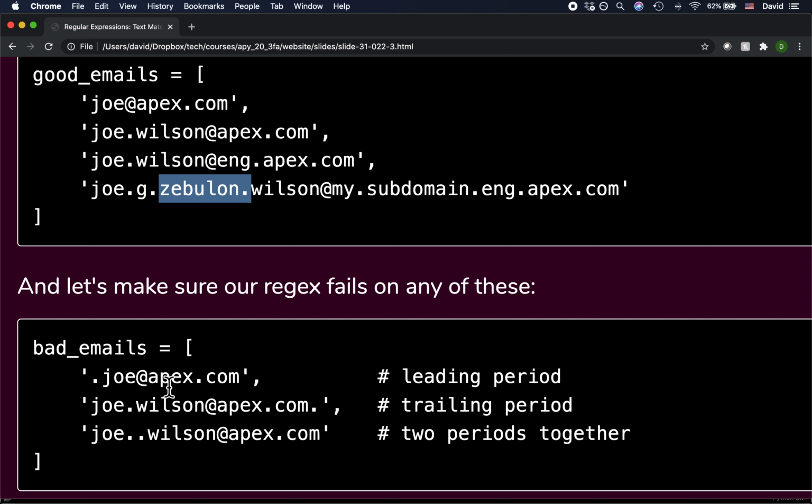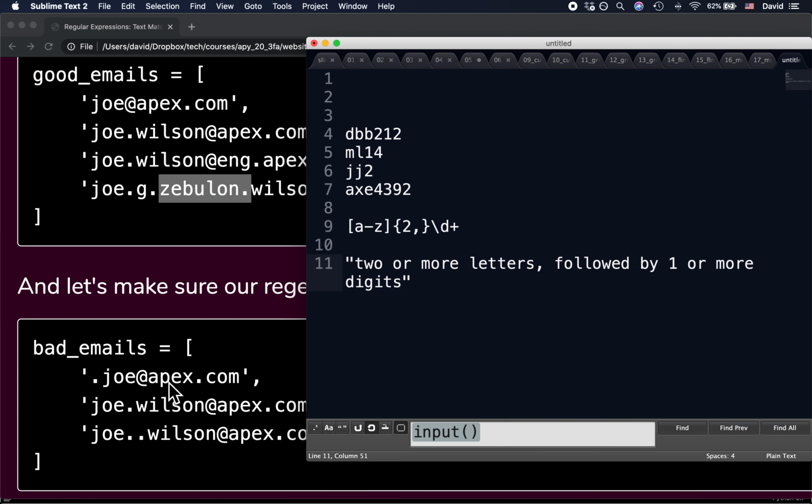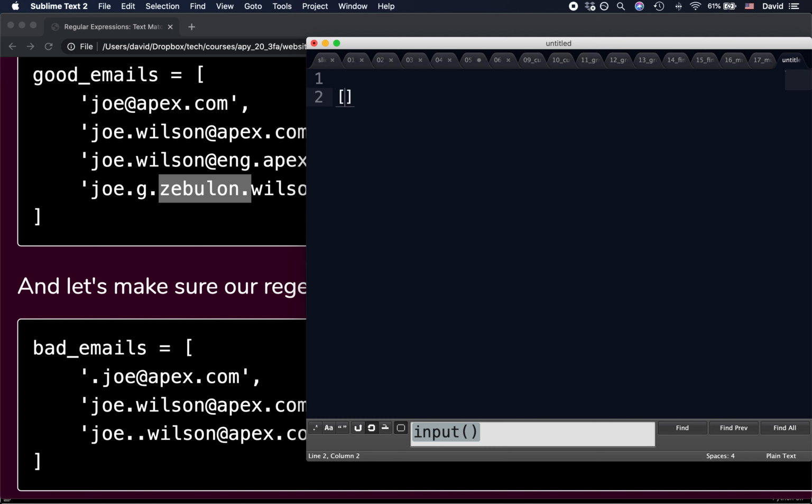Now, you could try to approximate a regex like this by saying, well, it could be a letter or a dot. One or more letters or dots. And then if you wanted to match on that, you could maybe say something like, I'm looking for a character class that is a letter or a dot.